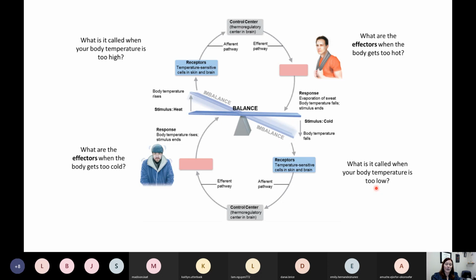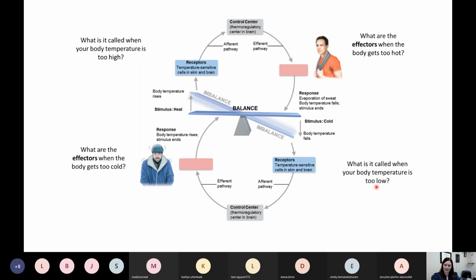If your body temperature gets too cold, it's called hypothermia. Hypothermia, just like we talked about hypotonic solutions that were less concentrated. When my temperature is lower than normal, that's called hypothermia.